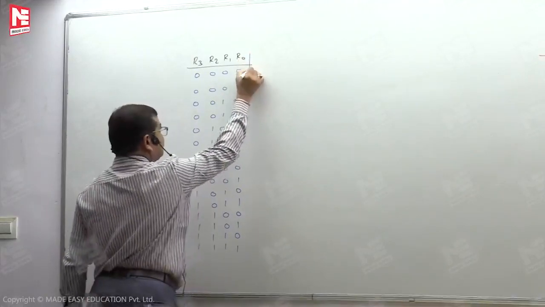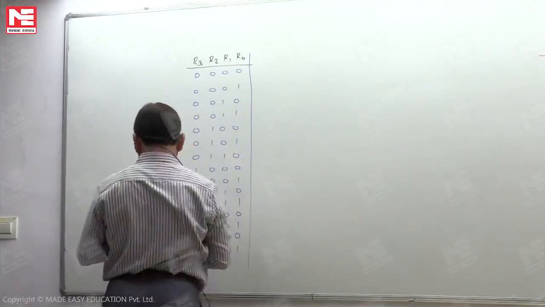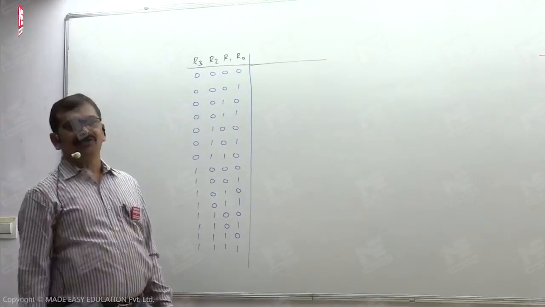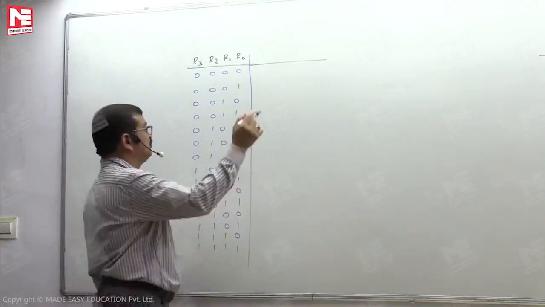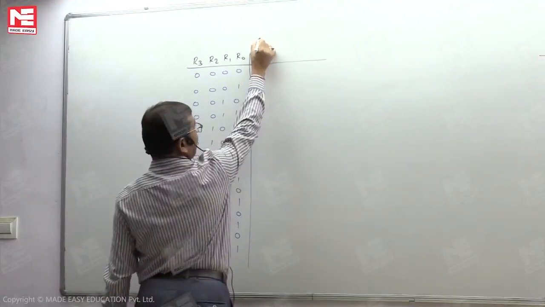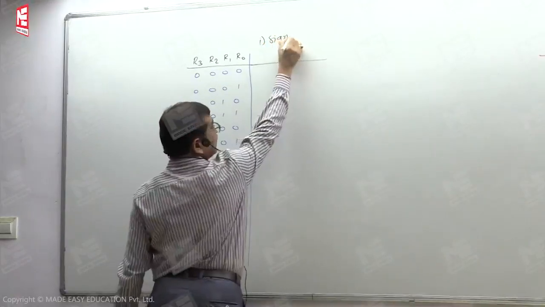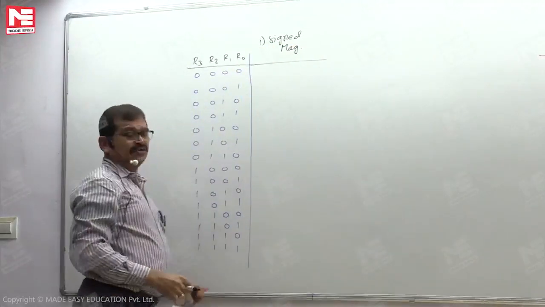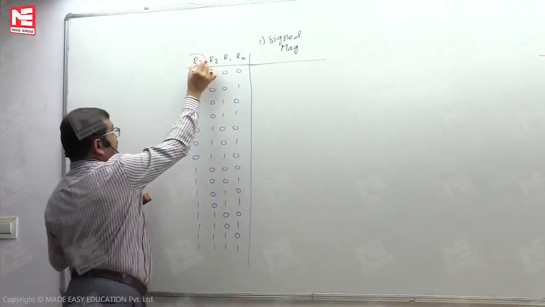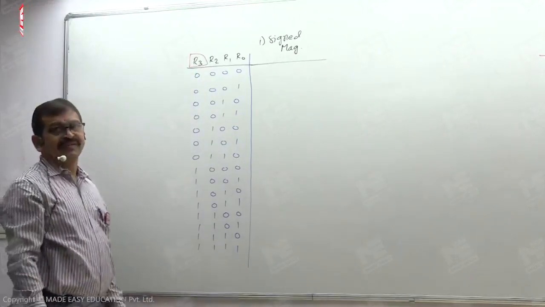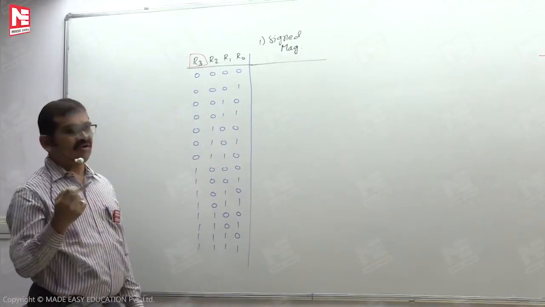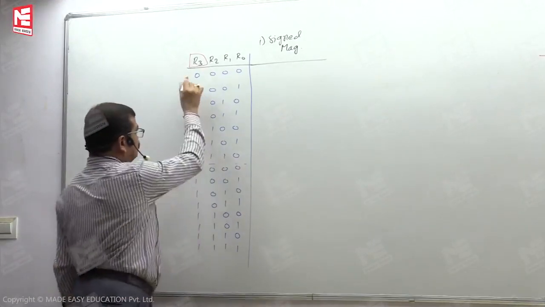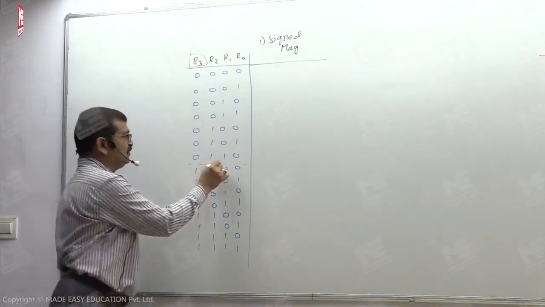Now consider that the stored data is in sign magnitude notation. As usual, the MSB is reserved for the sign bit. So the MSB talks about the sign information. For the first 8 combinations, the MSB is 0, so the number is positive.